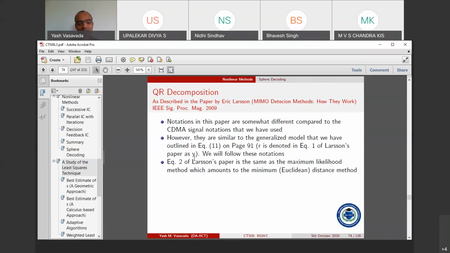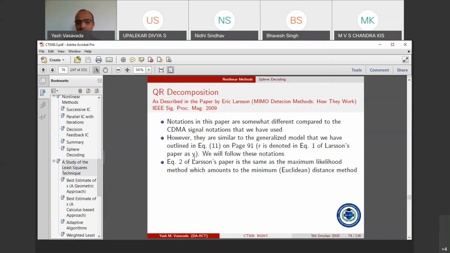So that is probably the main takeaway that I came up with when I understood the sphere decoding methodology.